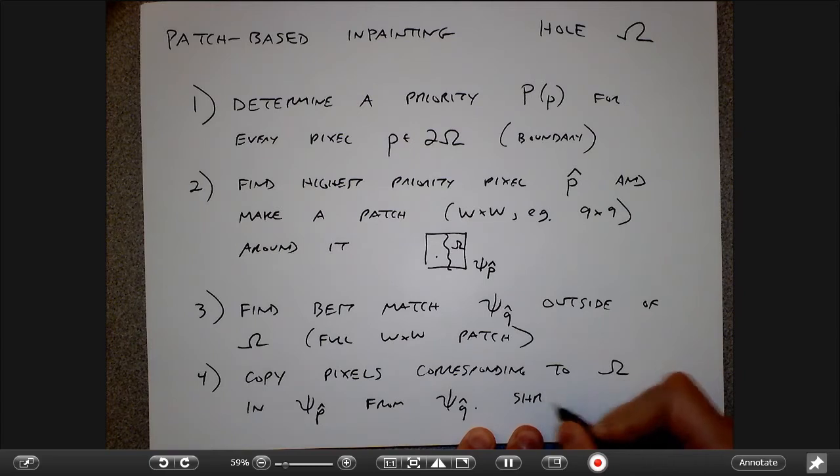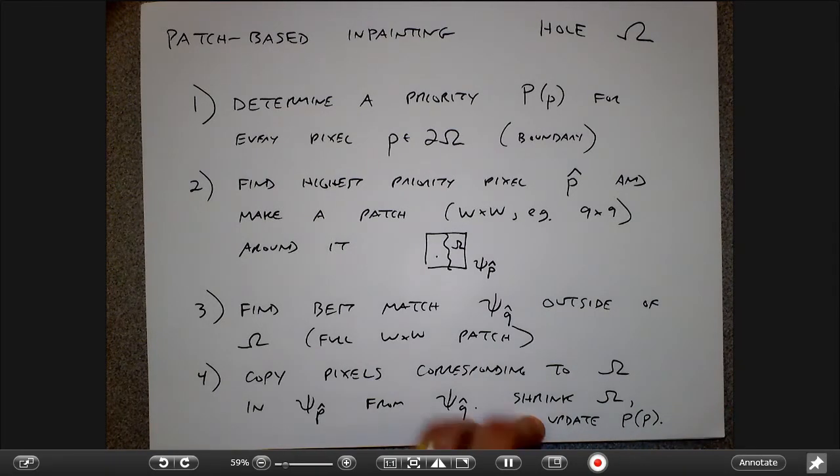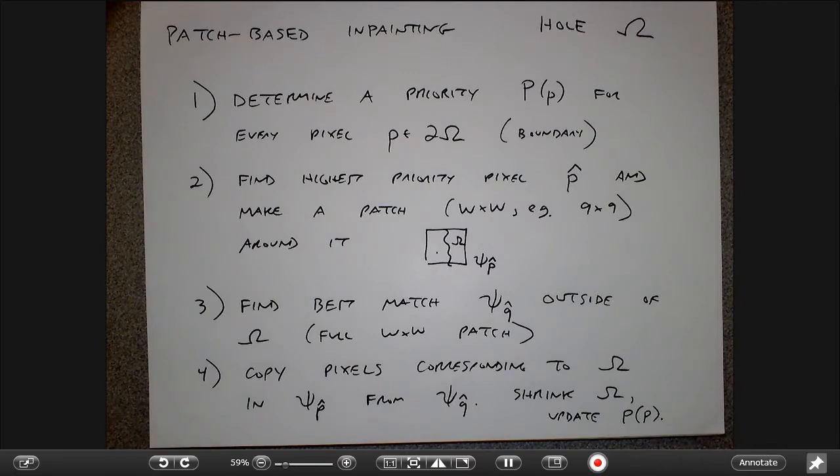And then I have to do some bookkeeping. I have to shrink my unknown region, and I have to update my priorities, right? So now once I've copied these pixels in, the inpainting region has gotten smaller, and I have some new boundary parts on the hole, right?